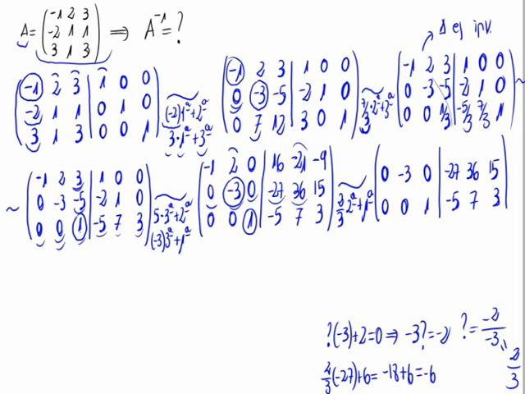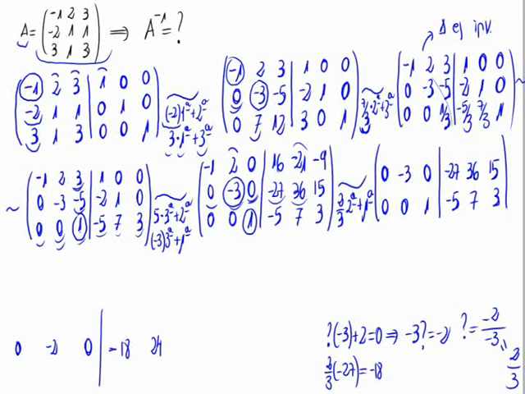So 2/3 times 0, 0. 2/3 times -3, -2. 2/3 times 0, 0. 2/3 times -27, it's -18. 2/3 times 36 is 24. 2/3 times 15 is 10.